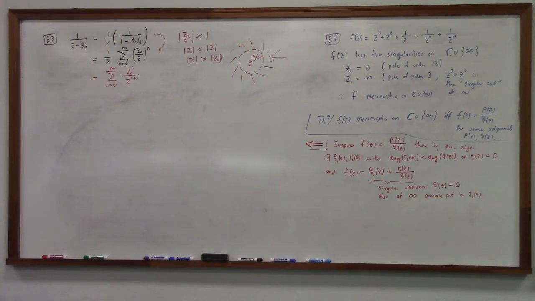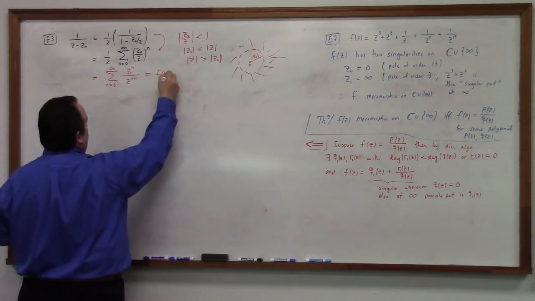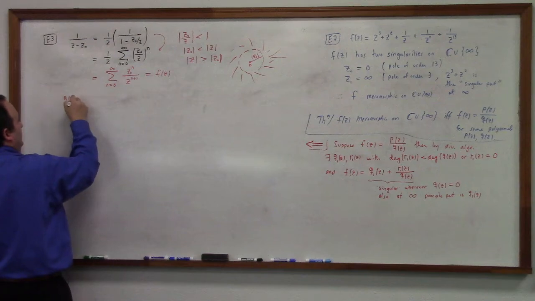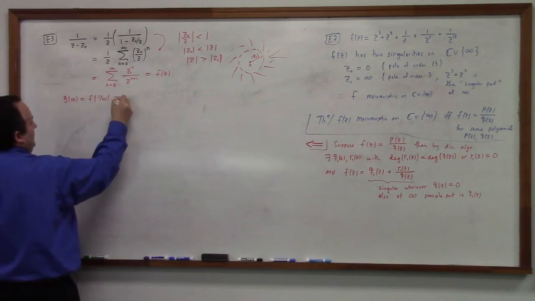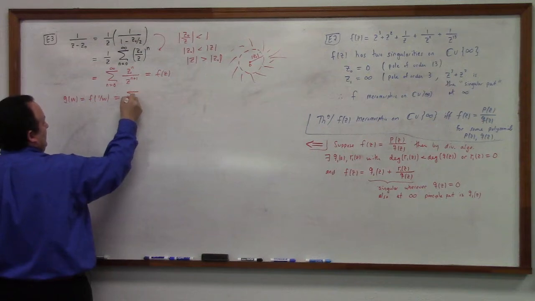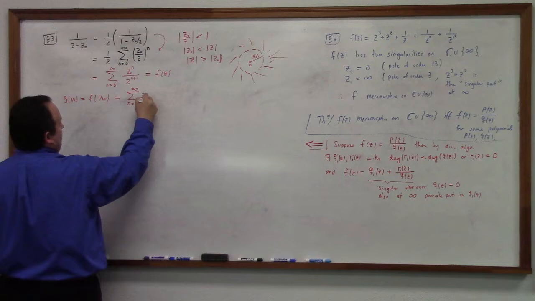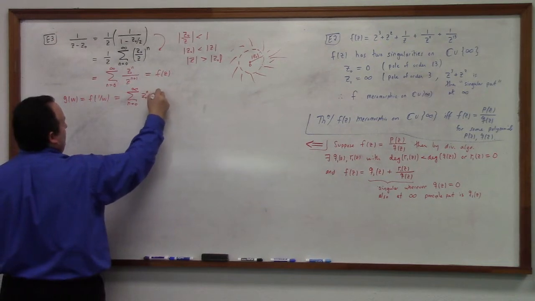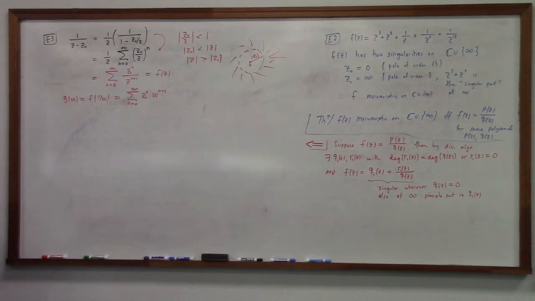Why is that analytic at infinity? If this is equal to f of z, then g of w equal to f of 1 over w is the sum, n equals 0 to infinity, of z naught to the n, w to the n plus 1, which is manifestly analytic at 0.